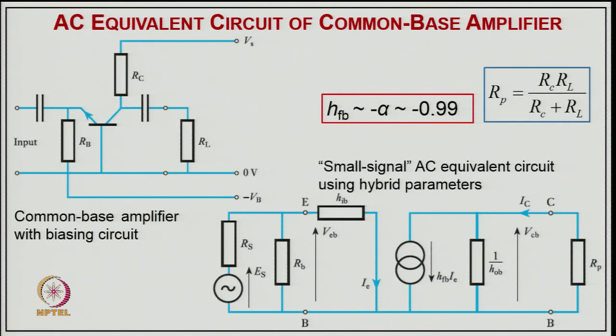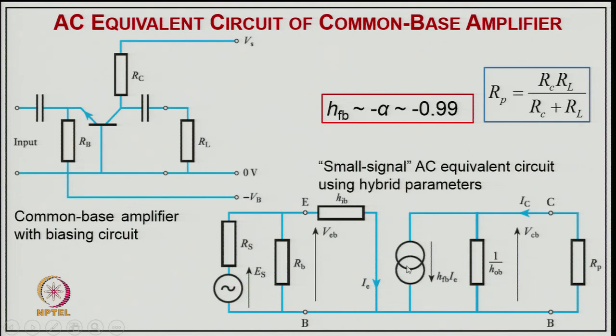This is of course the AC equivalent for your common base. Here we have another transistor circuit, a common base, with the input corresponding to the emitter and the output corresponding to the collector. In the equivalent circuit you again have an AC input with resistance, the bias resistance corresponding to a minus voltage, and the HIB transistor equivalent.